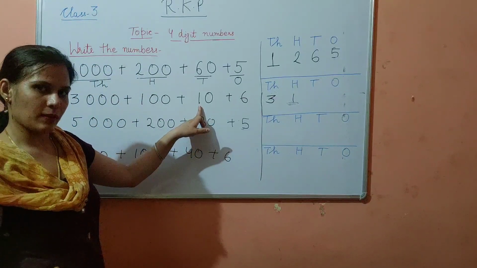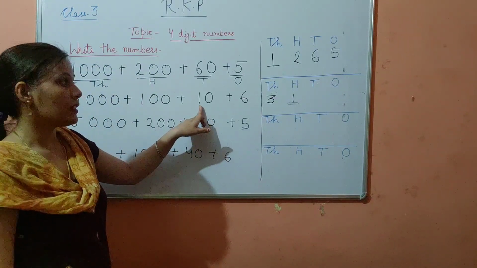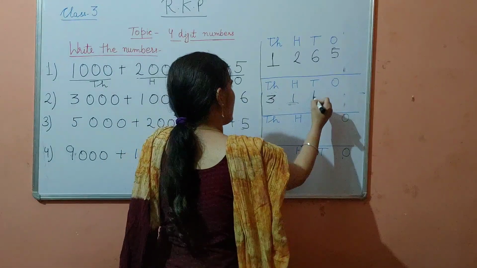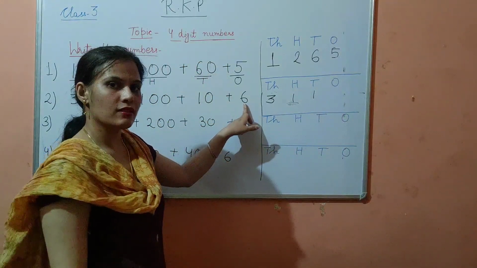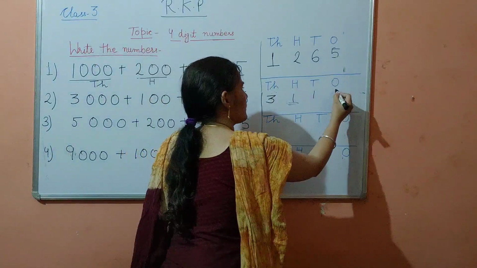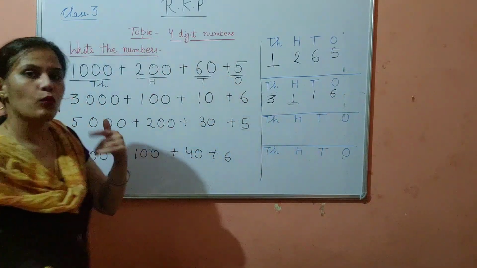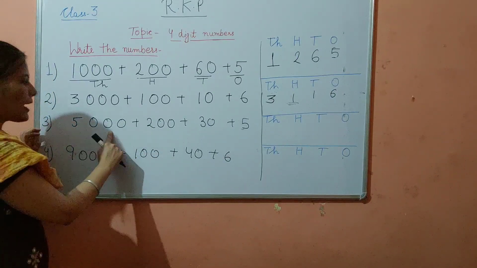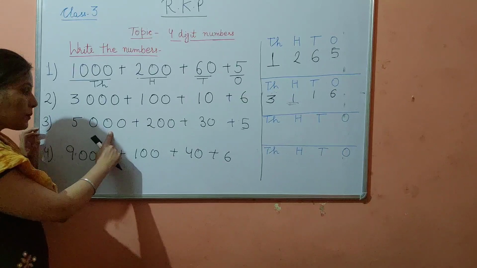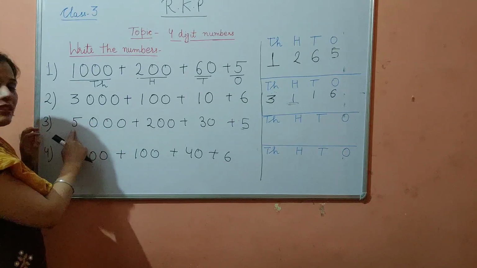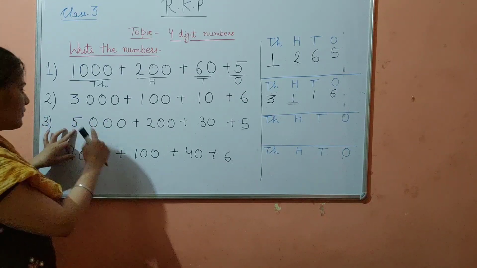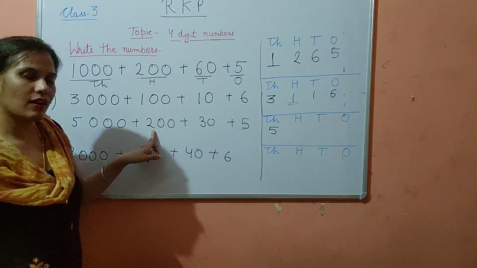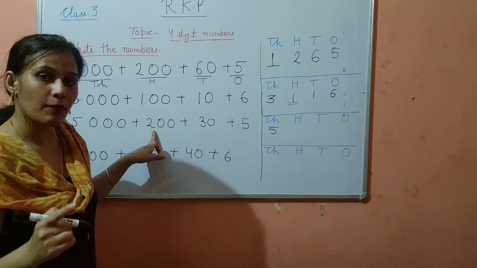This is tens place, so what digit will come on the tens place? 1. And what digit will come on ones place? 6. Let's take one more example to make it clear. This is the 5000. You can easily read it, so at the thousand place what digit will come? 5. So you can write 5. At the 100 place what digit will come?